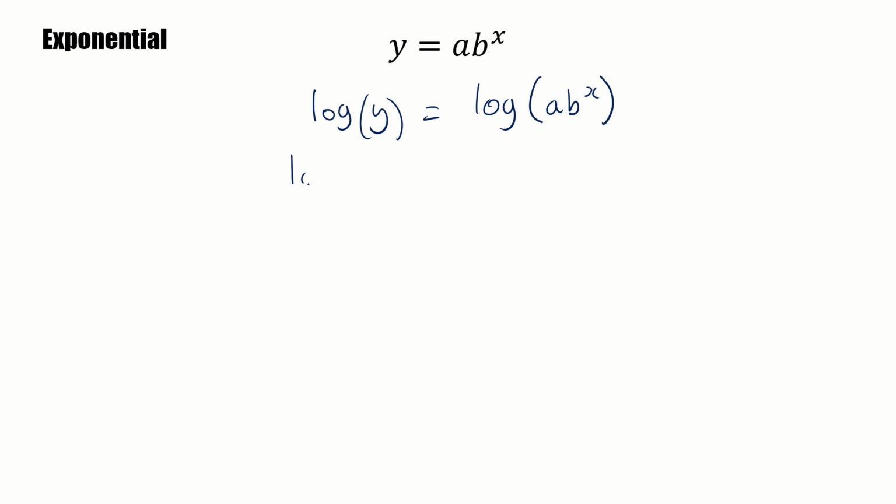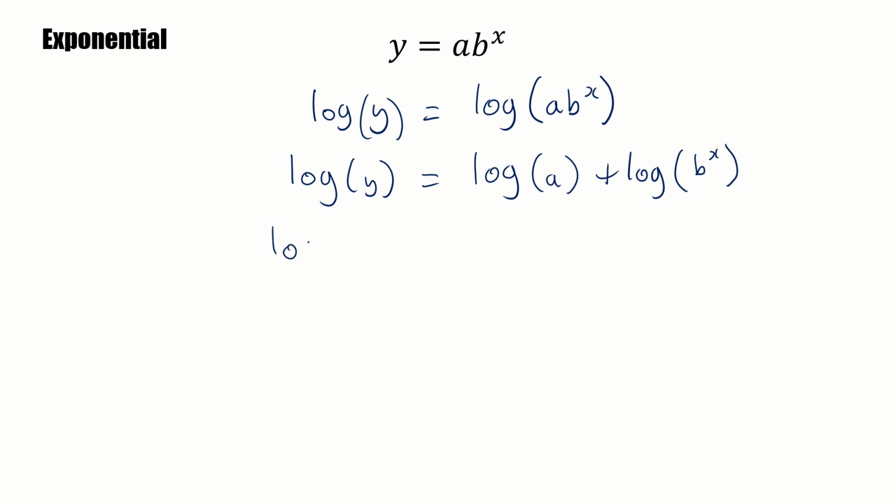Anyway, therefore that means if we want to split up the right hand side using log laws, we again have to separate out the a before we do anything with that power. So we're using this log law here, and then we can use another log law to bring that power of x down out the front of that log.